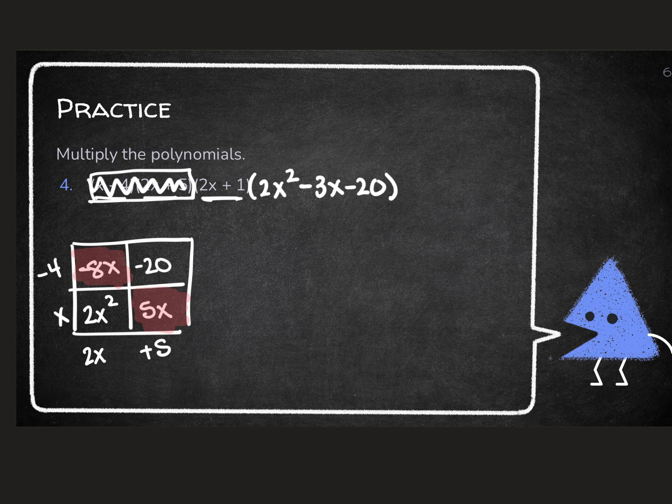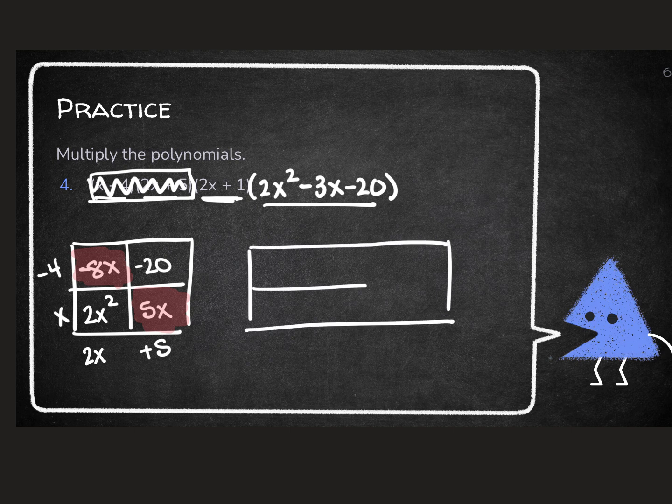So now I have a 2 by 3 that I need to create to figure out my final answer. Well, again, that's what we did today. So here's my 2 by 3. I have a 2x plus 1, and then I have a 2x squared minus 3x minus 20.